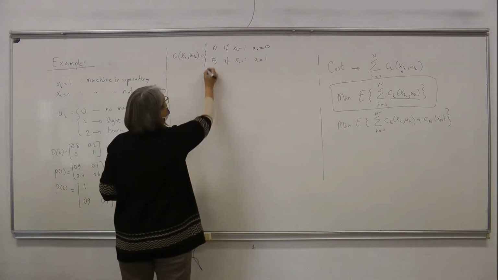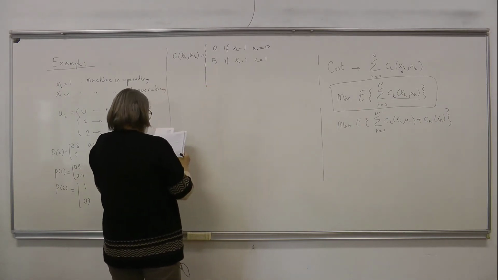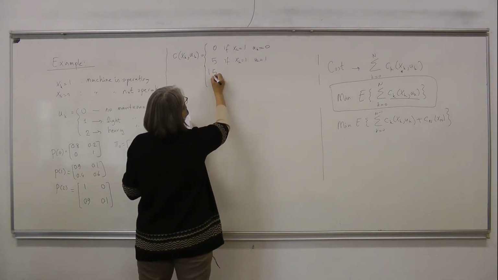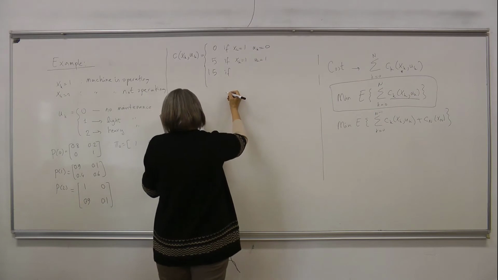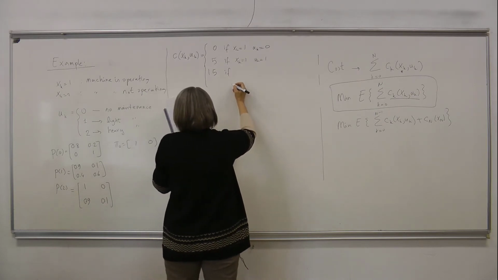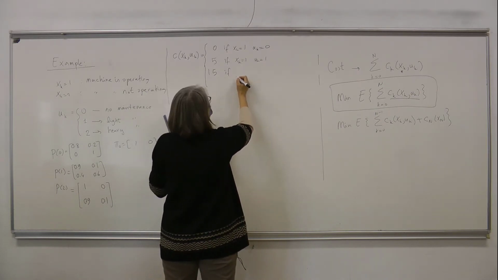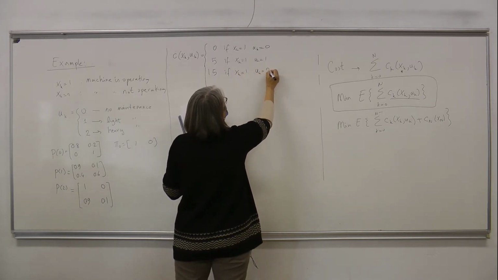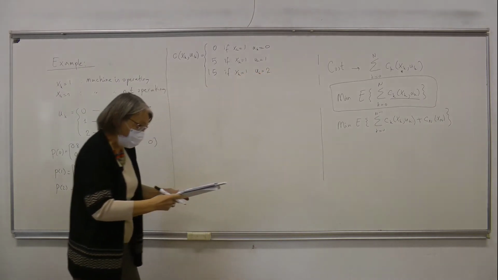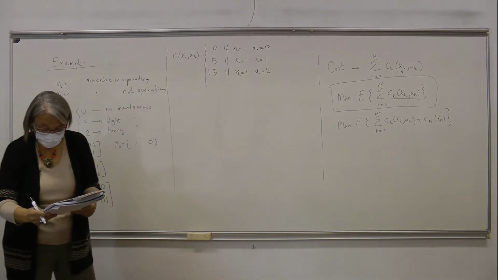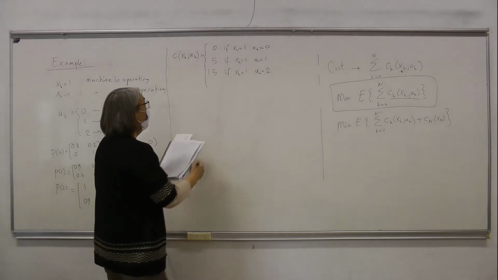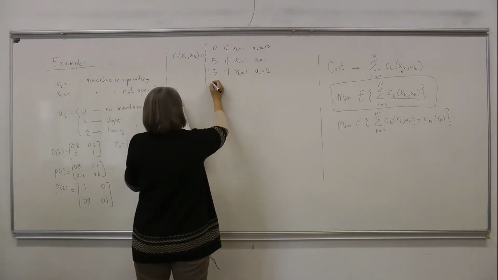And we will define the cost as 15 if xk is equal to 1 and uk is equal to 2. That means that the cost of heavy maintenance is equal to 15.